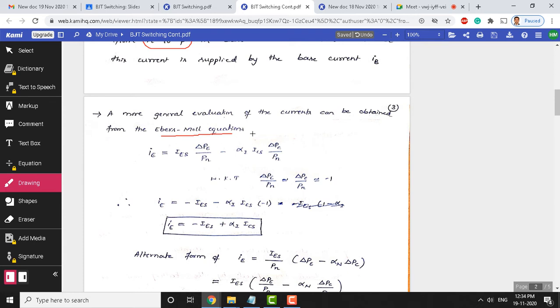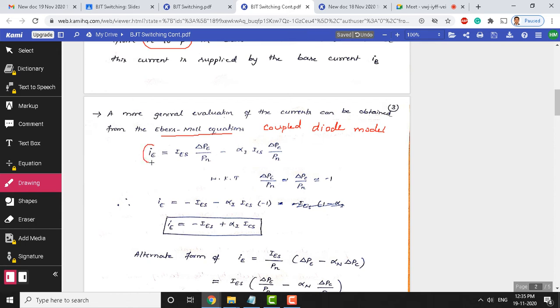Recall the Ebers-Moll equations, or the coupled diode model, to write the equations. So consider once again this coupled diode model. I have taken these equations straight away from the coupled diode model, so you just recall the equations we showed there.